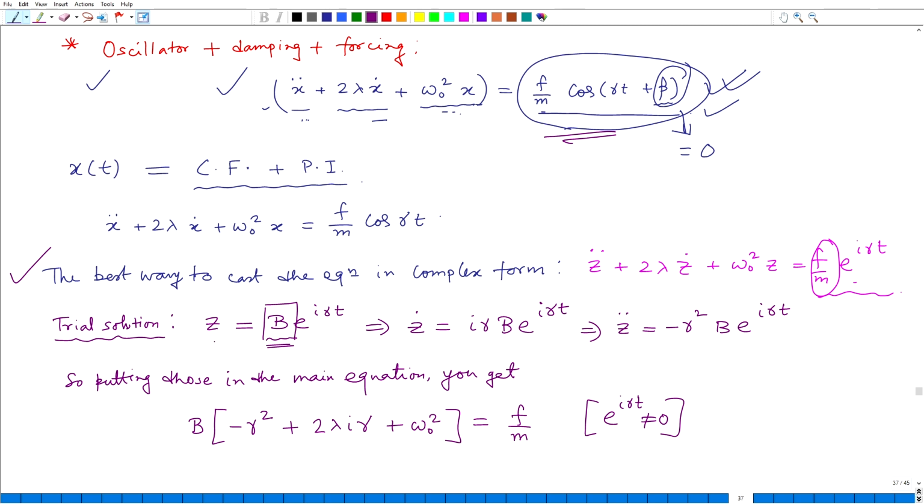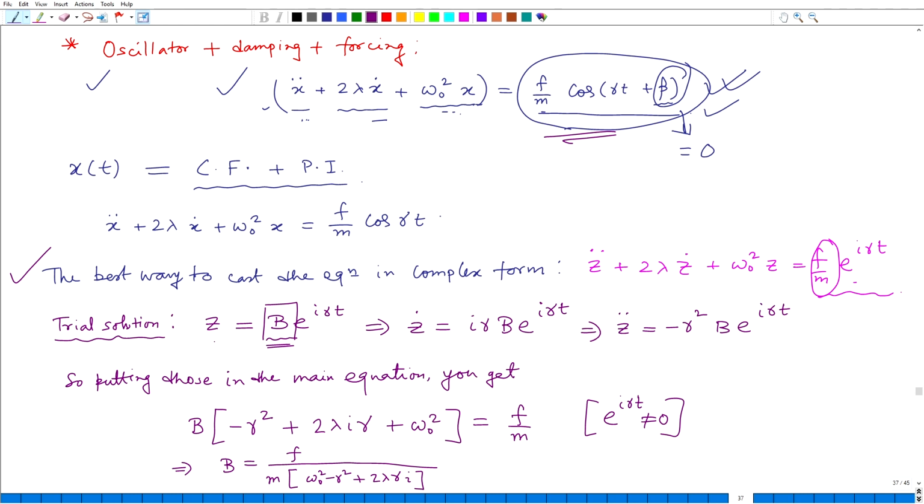And then what will be your B? Your B will simply be f/m times 1 over (ω0² − γ² + 2λγi). This i is imaginary i.